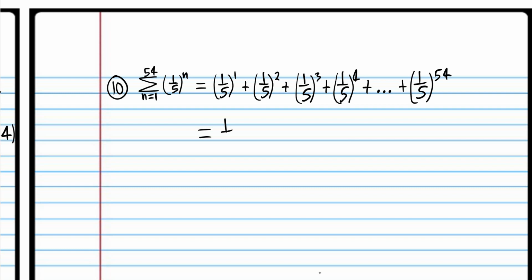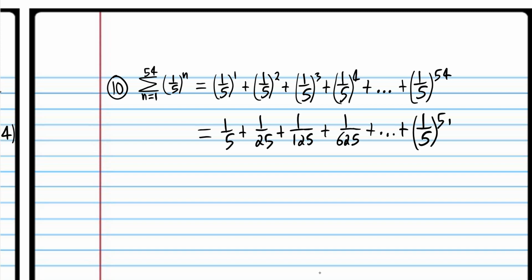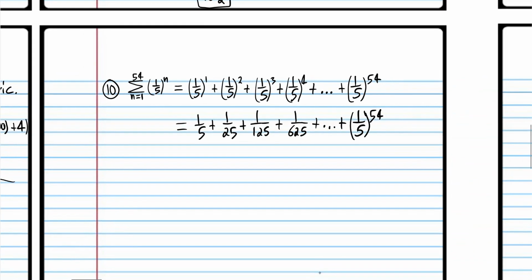So we have 1/5 plus 1/25 plus 1/125 plus 1/625 all the way to whatever that number would be, which would be very difficult to calculate.